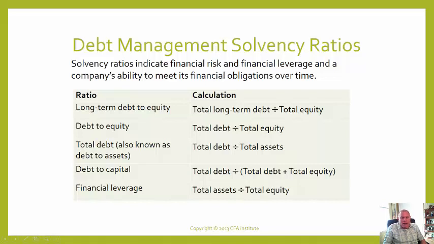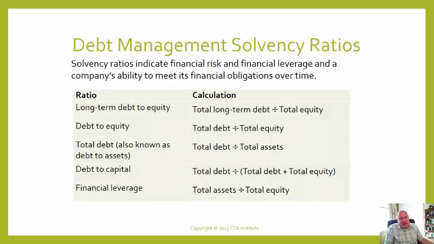For the most part, the calculation is implicit in the ratio's name, as you can tell here. Generally, the greater the debt of a company in the capital structure, the greater the financial risk and the less solvent they are.